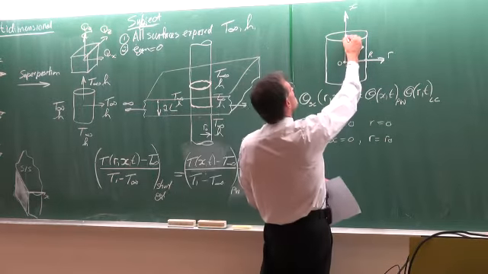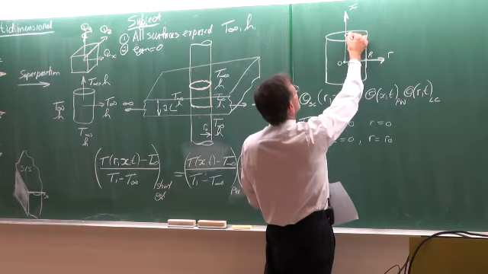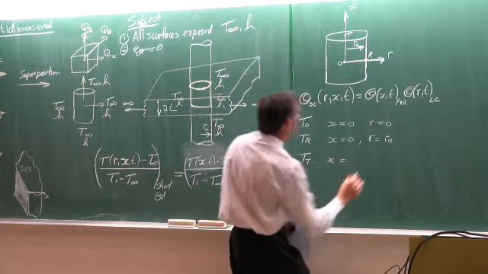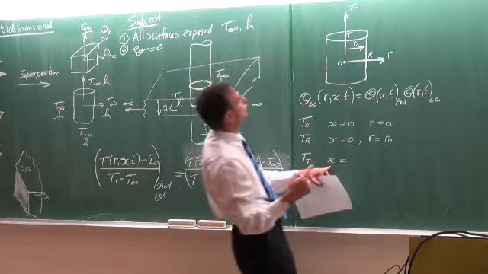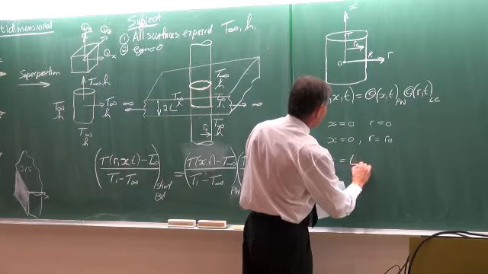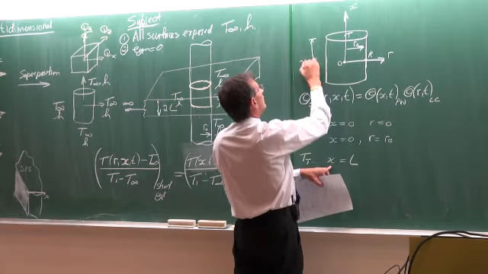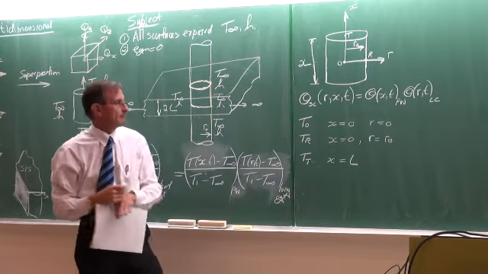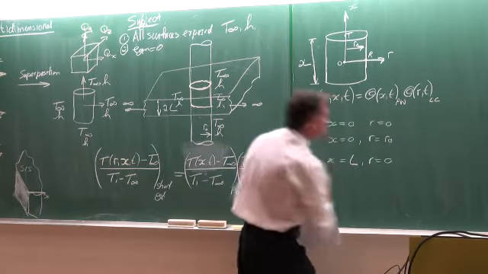And if we are interested in the temperature there, let's call it T, then we need the solution where X is equal to L, because that distance is 2L, because this is the plane wall. And it would be when R is equal to 0.